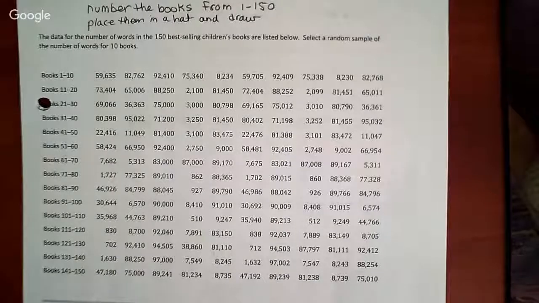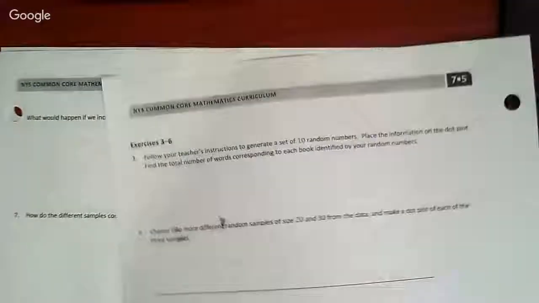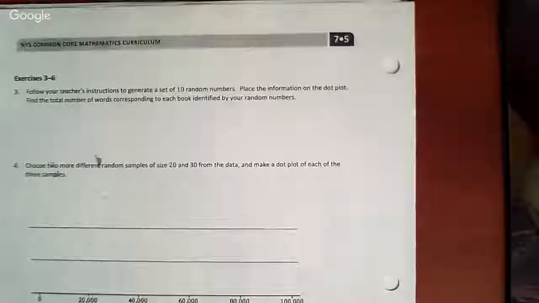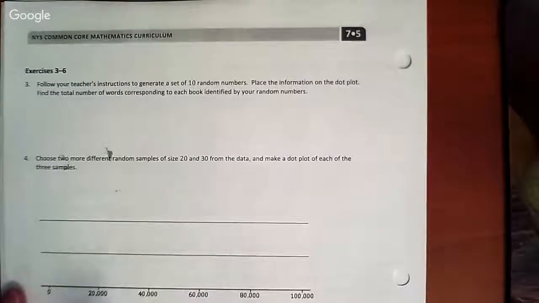The data for the number of words in the 150 best-selling children's books are listed below. Select a random sample of the number of words for 10 books. We're going to do that with a number generator. It says follow your teacher's instructions to generate a set of 10 random numbers.